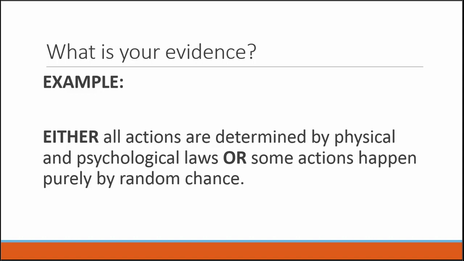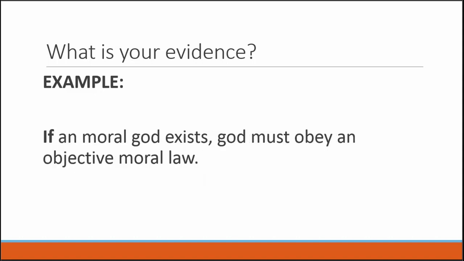Same thing here. If a moral God exists, God must obey an objective moral law. The author is not asserting that a moral God does exist. The author is not asserting that God must obey an objective moral law.